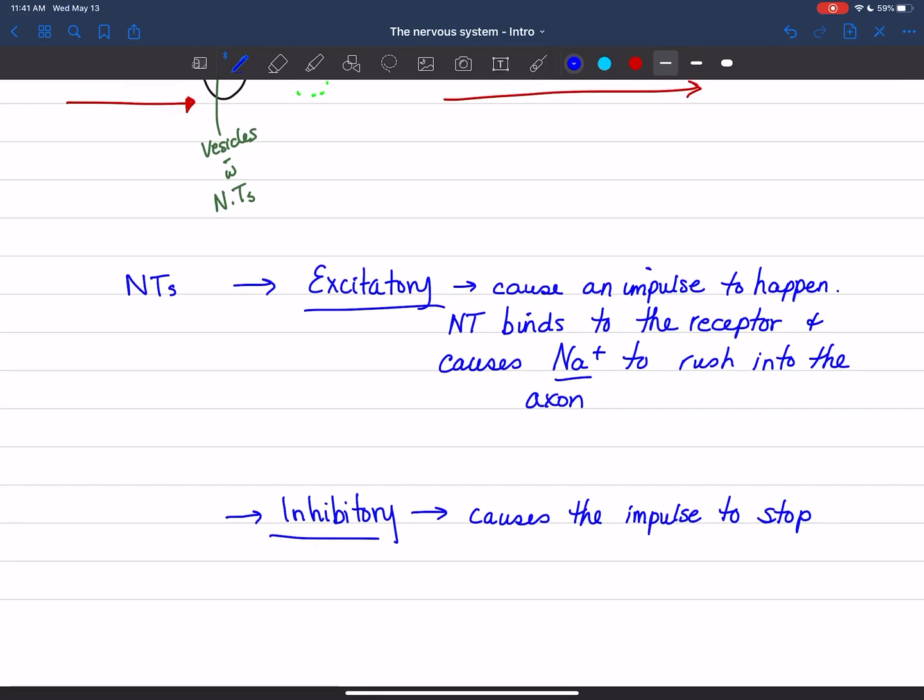How does it do that? This particular neurotransmitter binds to the receptor and causes potassium ions to rush out of the axon.